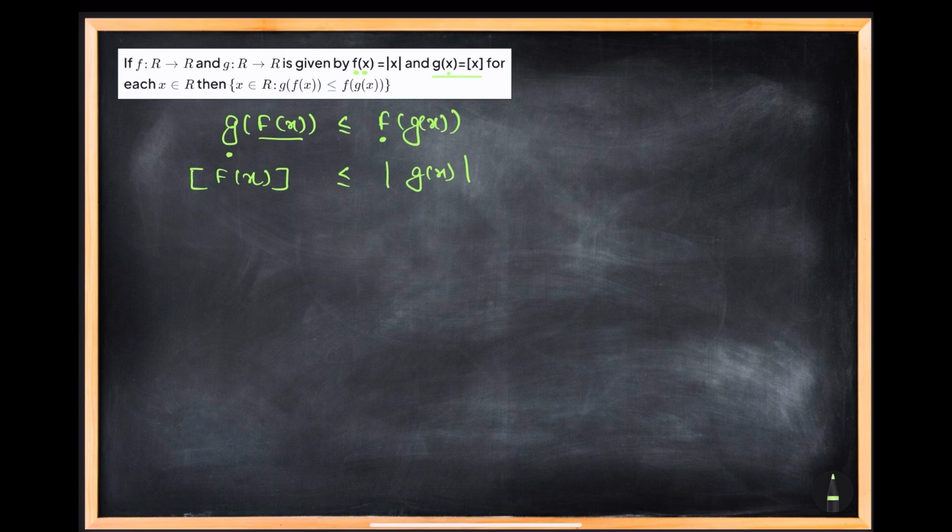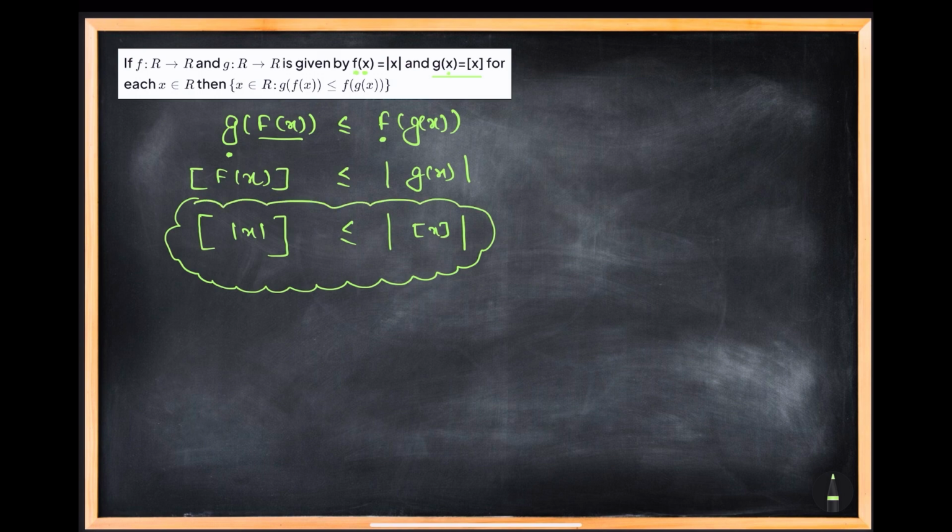Now who is f of x? F of x is mod x. So it is box mod x smaller than equal to mod box x. Okay, so you got this situation.